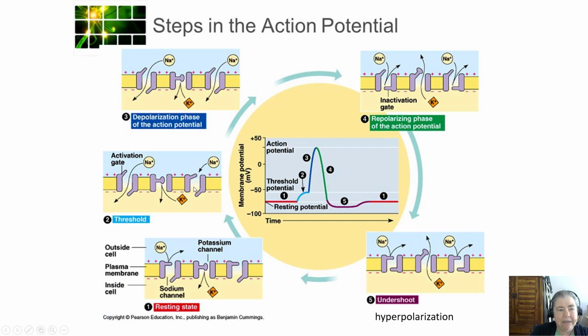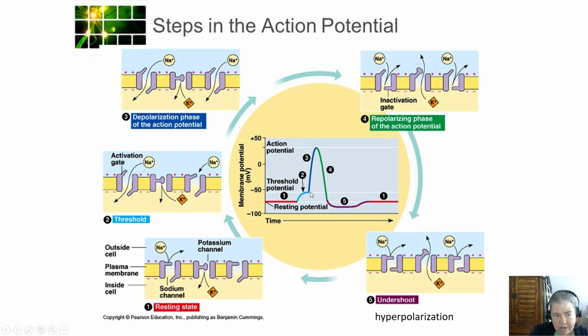That's step 2. So some sodium channels are open. Probably these are the ligand-gated sodium channels that are responding to small changes, electrical changes if they're gated by voltage, or binding of neurotransmitters if they're gated by chemical.